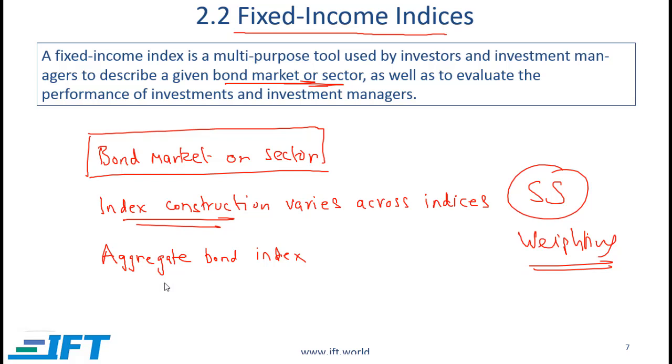We have a few aggregate bond market indices. The most famous one is the Barclays Capital Global Aggregate Bond Index. This aggregate index can then have multiple components. That is all we really need to worry about at this stage.